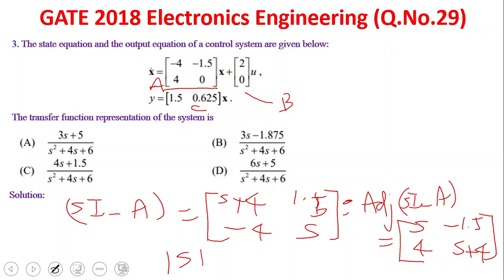Before that, I want the determinant of sI minus A also. That is s square plus 4s plus 6. So the adjoint is available, and the determinant of sI minus A is also available. Therefore, finding the inverse is very simple.